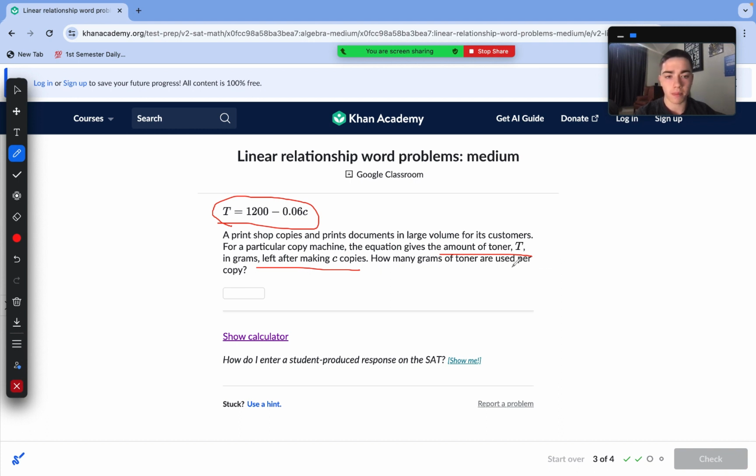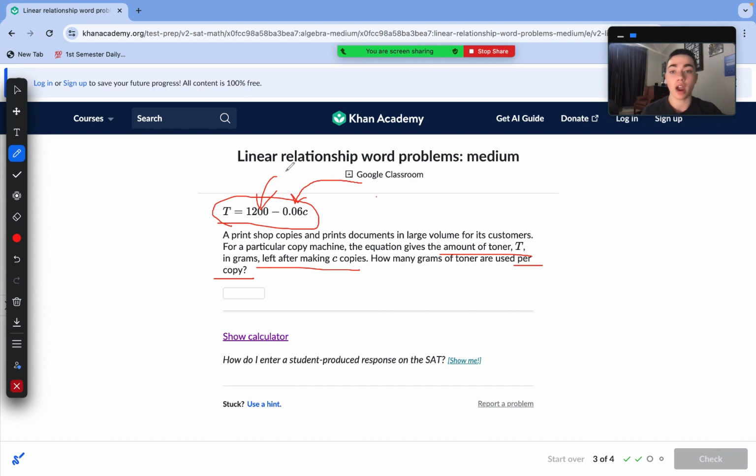So, per copy means how many grams of toner is used for one copy. And we can see here, this is the starting amount. And then for each copy, we use our 0.06 grams of toner, because that is subtracting from our total amount or initial amount of toner. So this is not really a substitute in.